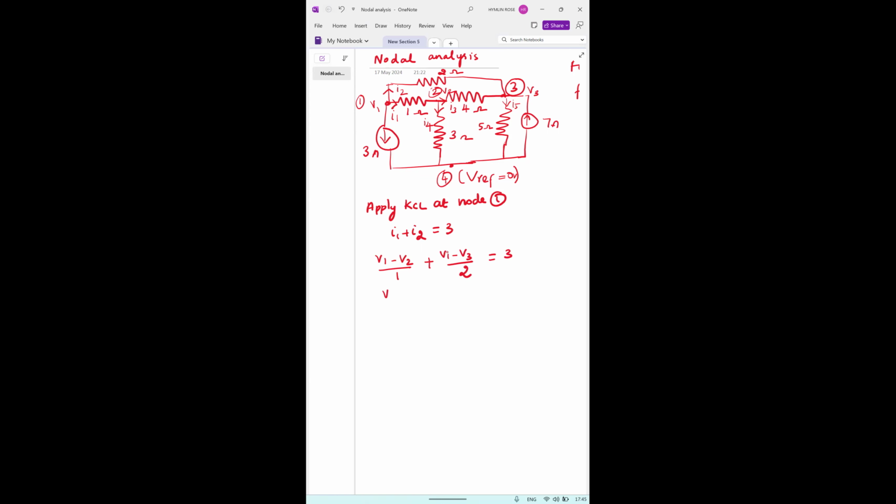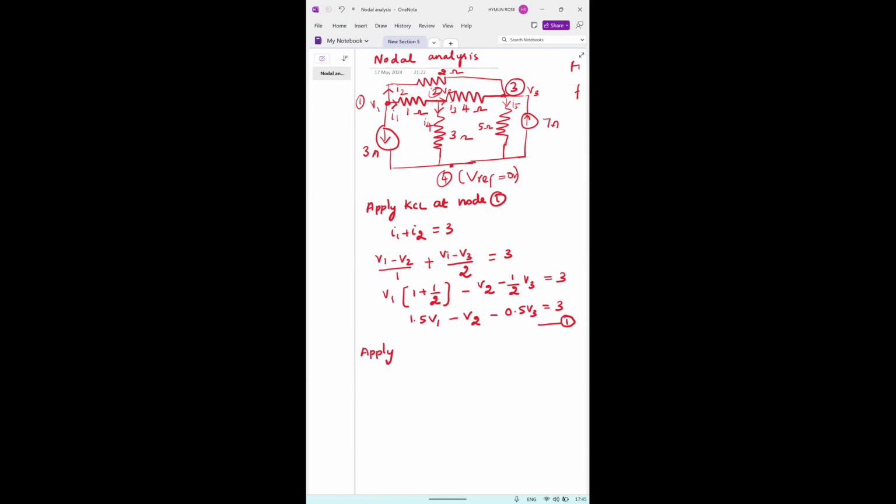So V1 times (1 plus 1 by 2) minus V2 minus 1 by 2 V3 equals 3. 1 plus 1 by 2 is 3 by 2, so it is 1.5 V1 minus V2 minus 0.5 V3 equals 3. Take it as equation number 1.